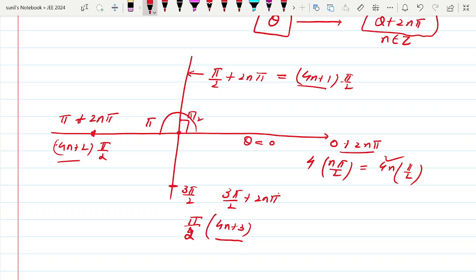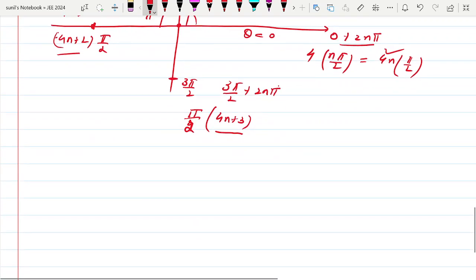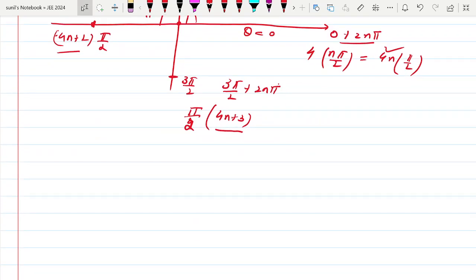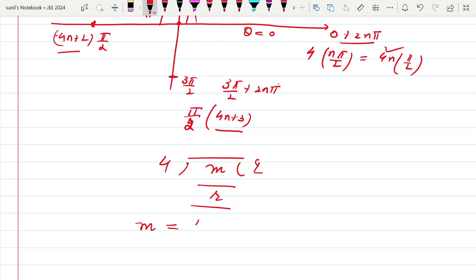See, when you divide any number by 4, we obtain only these 4 types of numbers. You can understand it like this. Suppose there is a number m, and you divide it by, say, 4, then here is the quotient and here is the remainder. Then how can you write this number? This m can be written as 4q plus r. Now what are the possibilities for the remainder?